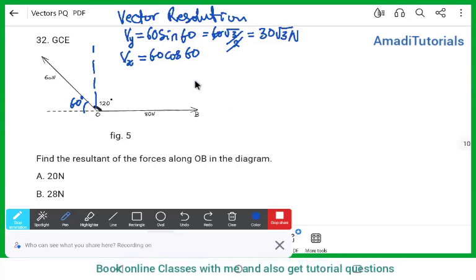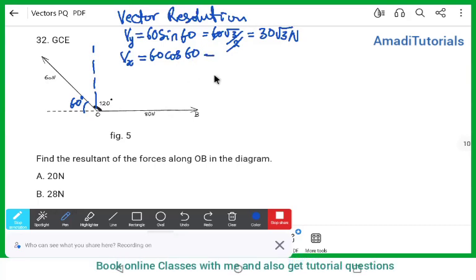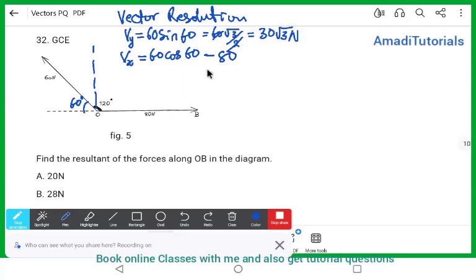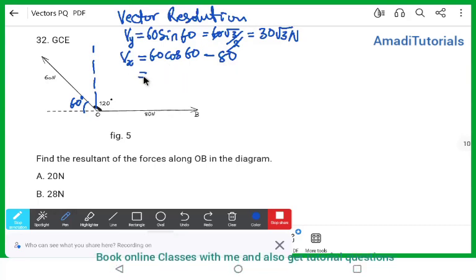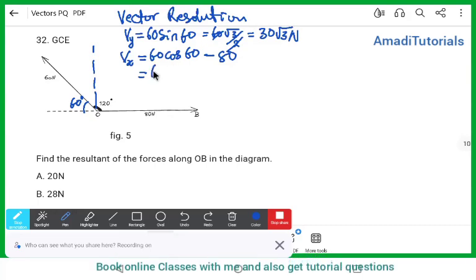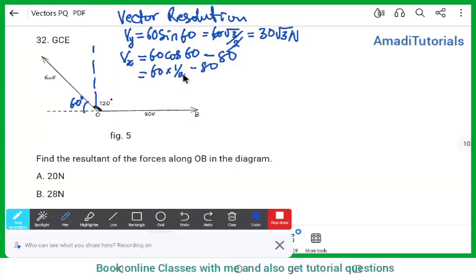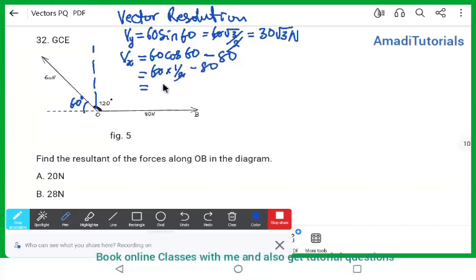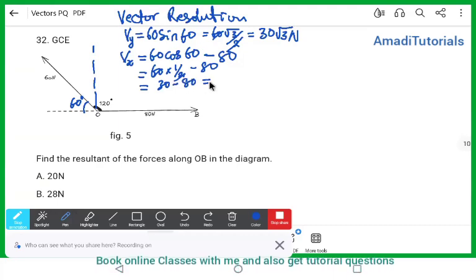So 60 cos 60 minus 80, or you say 80 minus that. Because cos 60 is half, you have 60 times 1 over 2 minus 80. So that will give you 30 minus 80, which will give you minus 50 Newton.